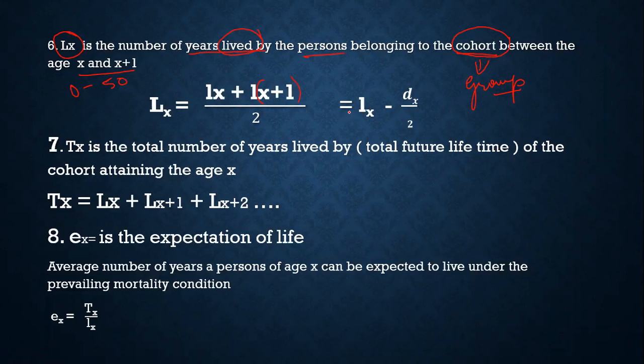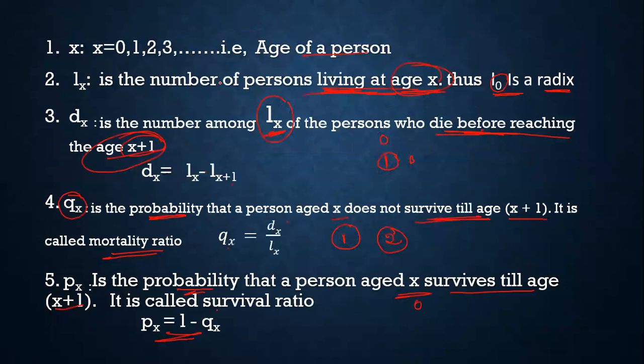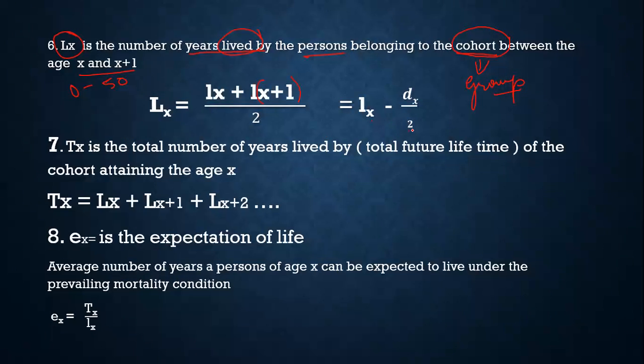Or else you can easily write LX minus DX, divided by 2, where DX is the number among LX of persons who died before reaching age X plus 1. If we consider this and divide by 2, we can find out the life of the persons living belonging to the cohort.